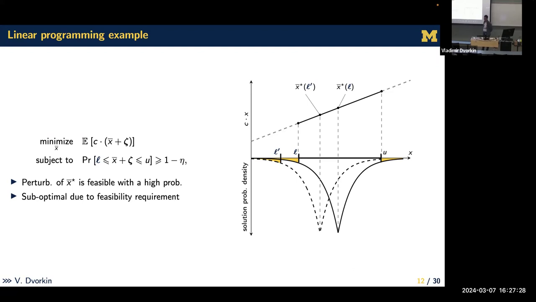And for X star, the left side of it, the yellow region of it, is smaller than L. Is it going to be a problem? I mean, the feasible set is between L and U, and if we go to a small value like L bar, it would be smaller than L. Is it acceptable?